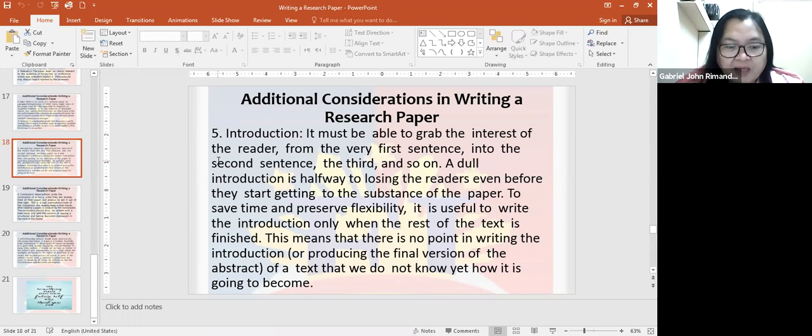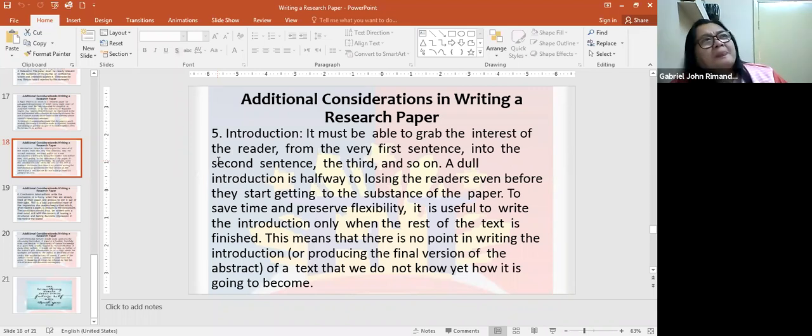So among all the pages of your research paper, it would be the introduction and the abstract that would be written last. Okay? They are written the last ones among all.